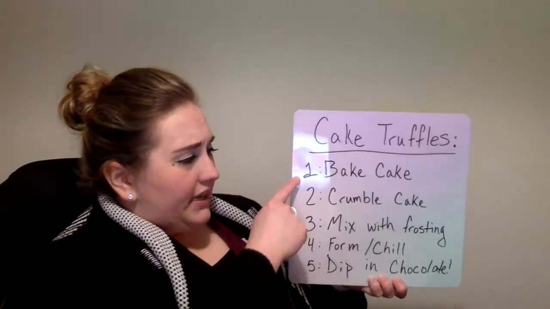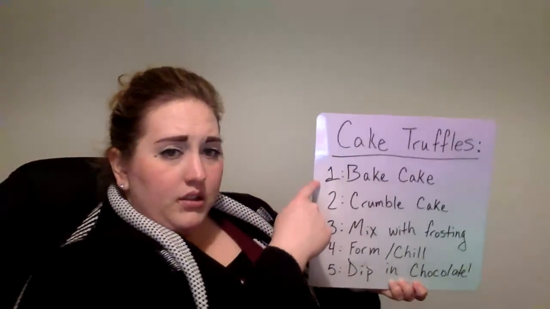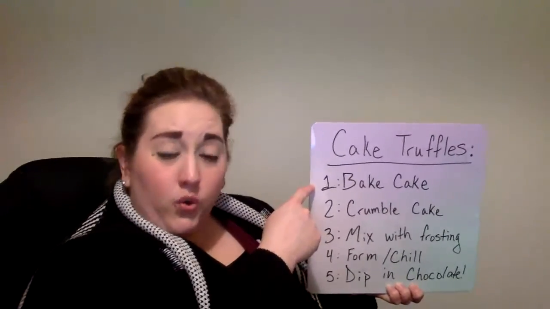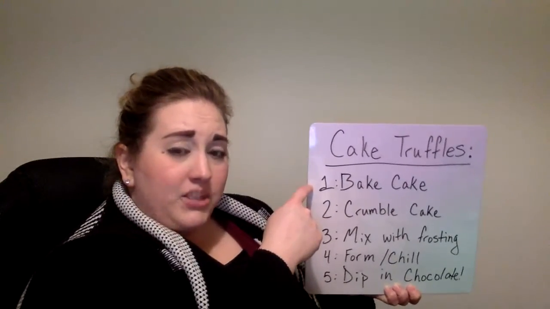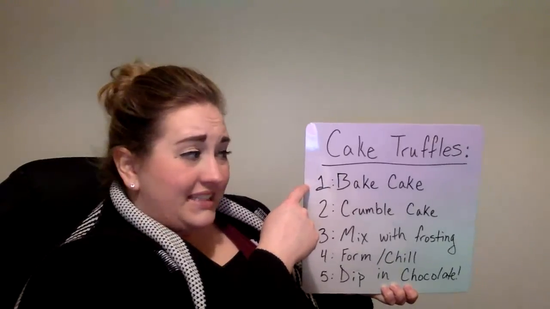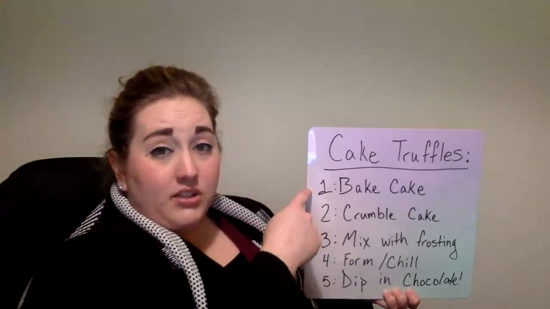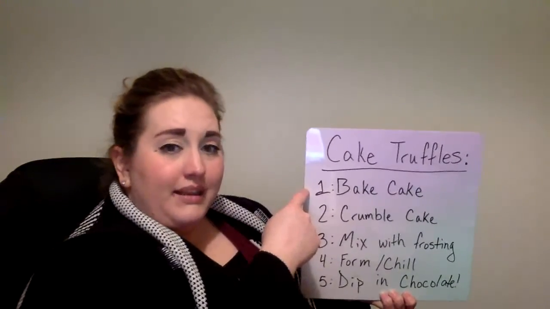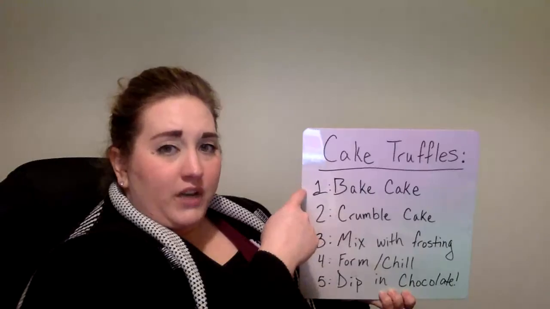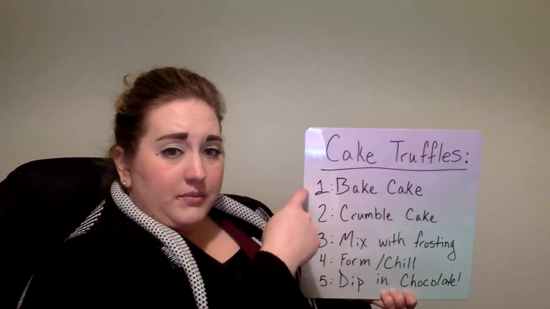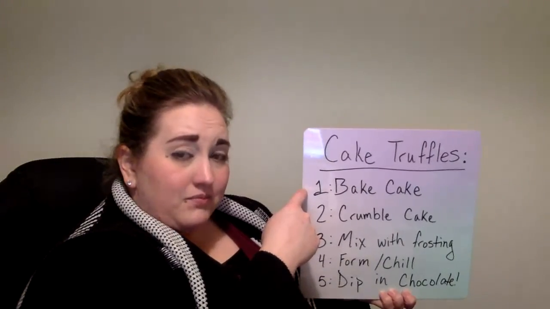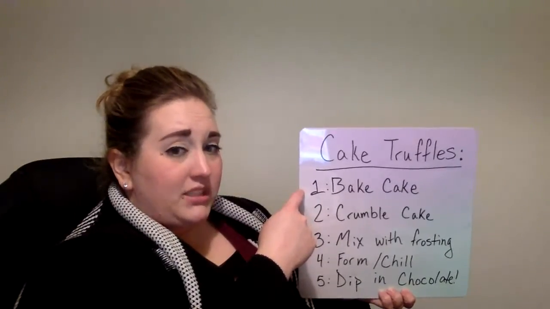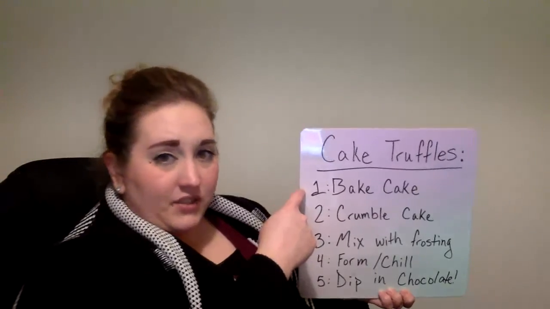So for baking a cake, on the cake box there are instructions. They tell you how much oil to add, how many eggs to add. I went out to the store and I bought a cake mix. I added 2 eggs, I think, and I added maybe a third of a cup of oil. I mixed it up. I added the mixture to a greased cake pan, 9x13 pan, and I baked it for a certain amount of time.